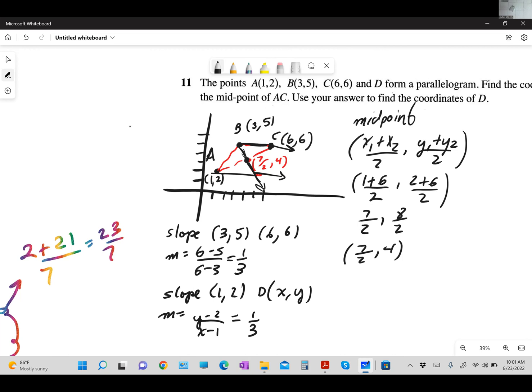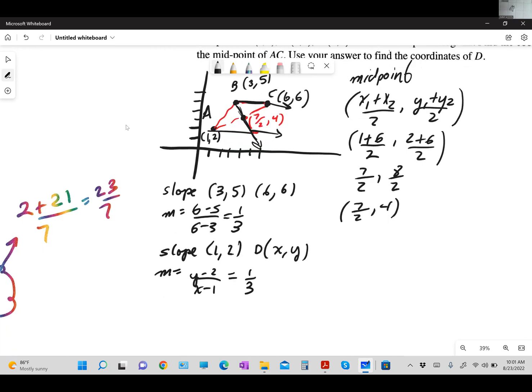Okay, fair enough. So right now I can actually do a line for that. I can write Y minus 2 equals 1/3 times X minus 1. That's a line, this line here.